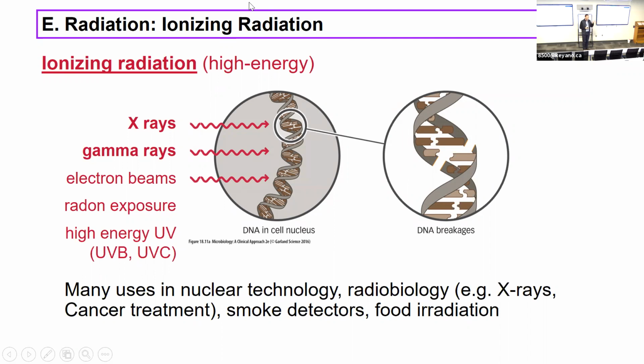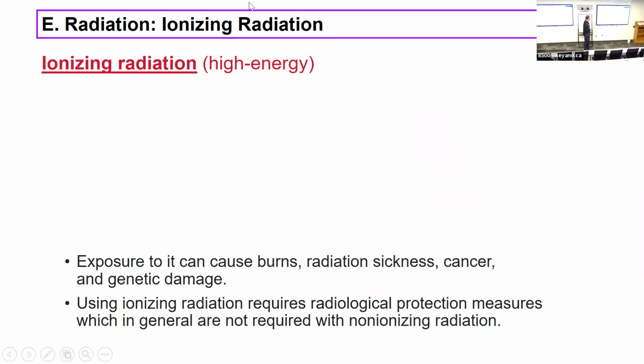But damaged DNA can also be good for us because we can destroy the DNA in the microbes. So high energy stuff depends on the application, but you can see there's some listed there, X-rays, cancer treatments, but we can also sterilize a lot of things with ionizing radiation as well.